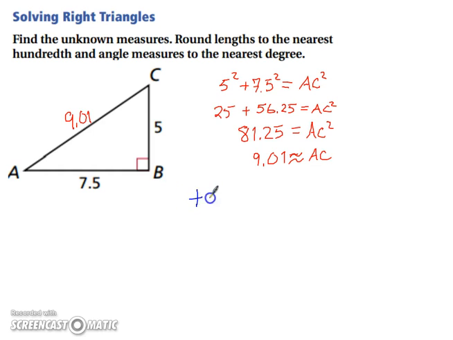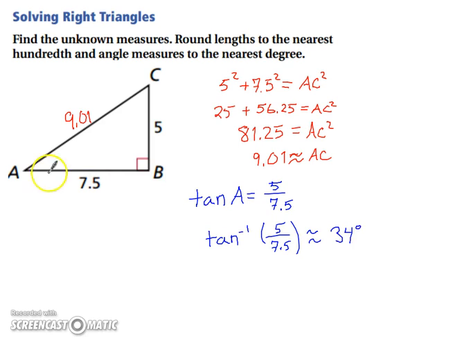So the tangent of angle A is going to be our opposite over adjacent. Since we're trying to find an angle measure, that's when we would use inverse. So we need the tan inverse of 5 over 7.5. And that will be about 34 degrees. So angle A is about 34 degrees.